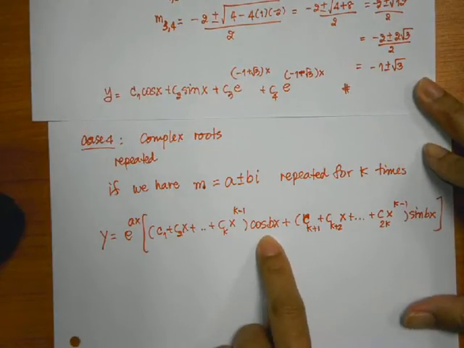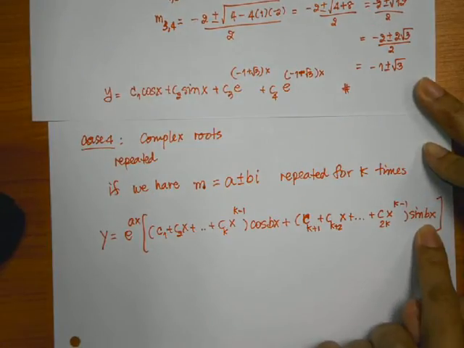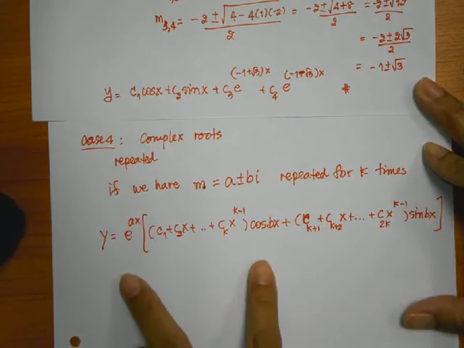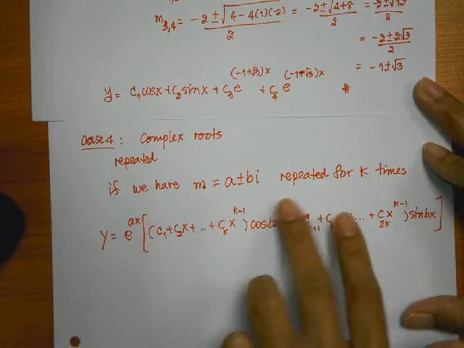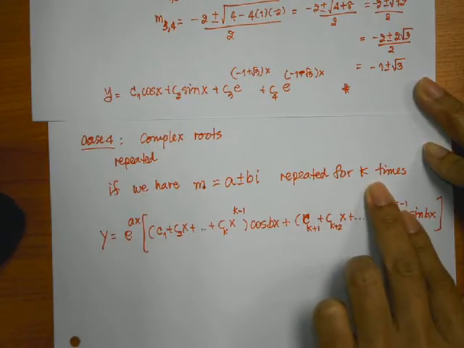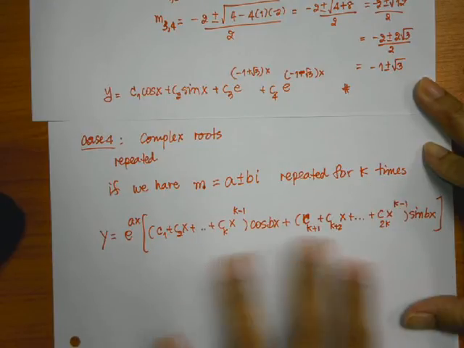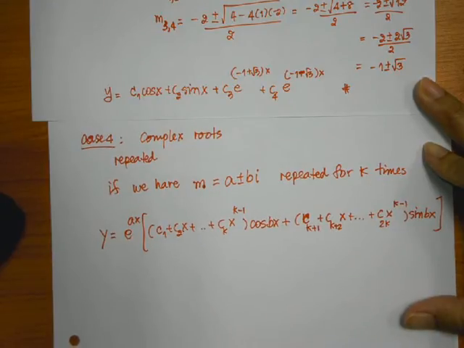You have cos bx and sin bx. So in that case, you have k times, you got to have altogether 2k terms because you have 2k roots. Understand? Let's see the example.